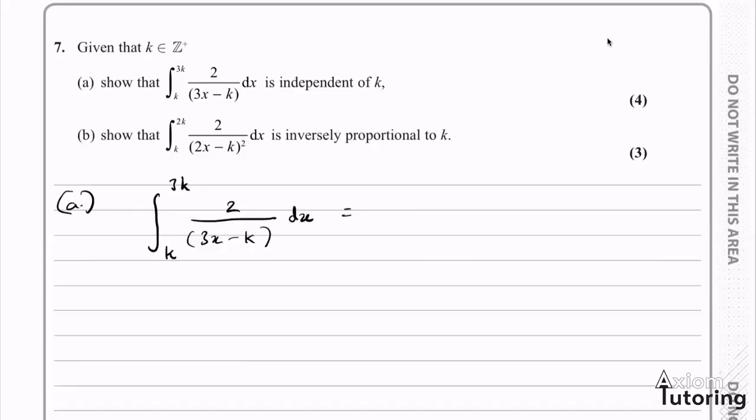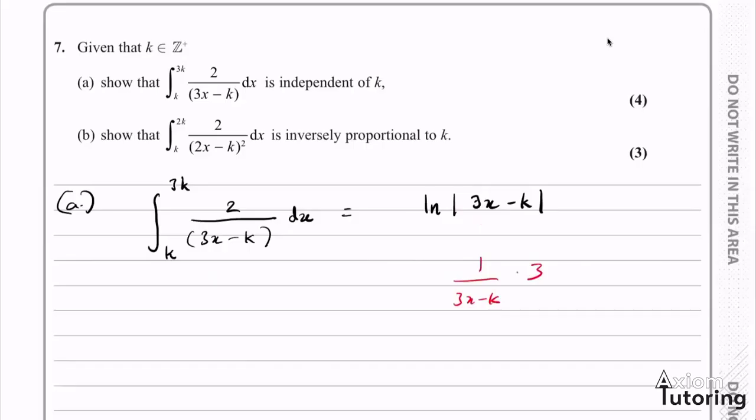So that's going to give us ln of 3x minus k. Now, if we think about going backwards, because we want to make sure we have the right constant in front of our natural log expression here. If we differentiate ln of 3x minus k, we're going to get 1 over 3x minus k times by 3.